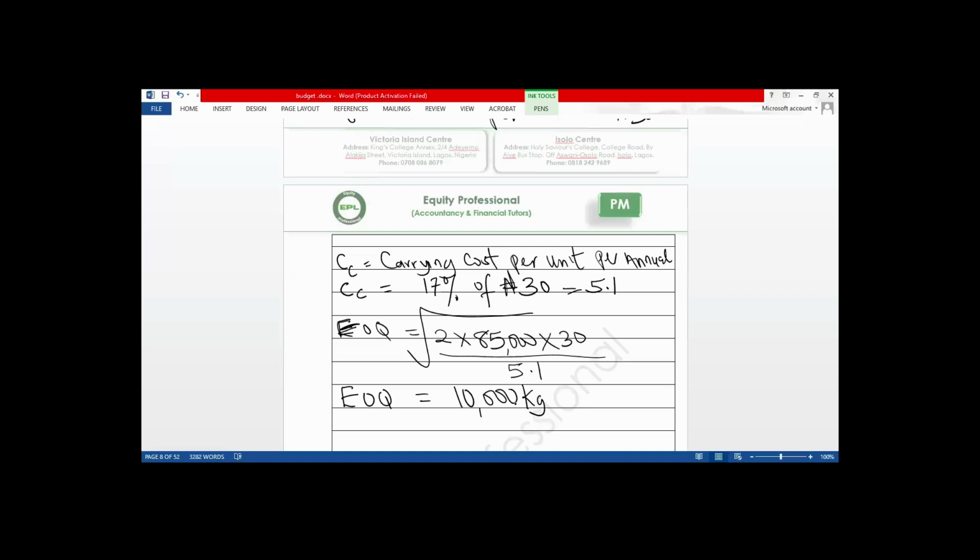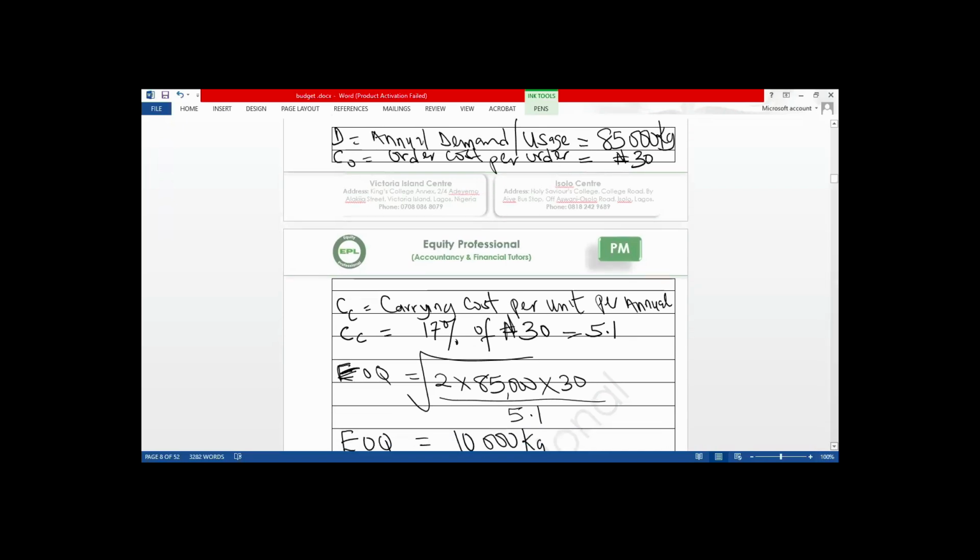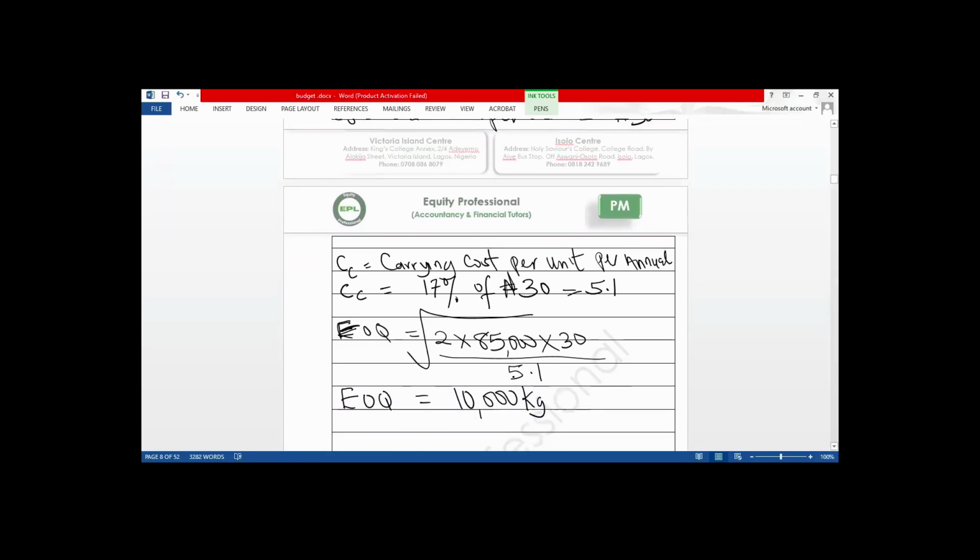Yeah, that's 1,000. So at any point in time you want to place an order, the company will order 1,000 kg because that will minimize your cost.